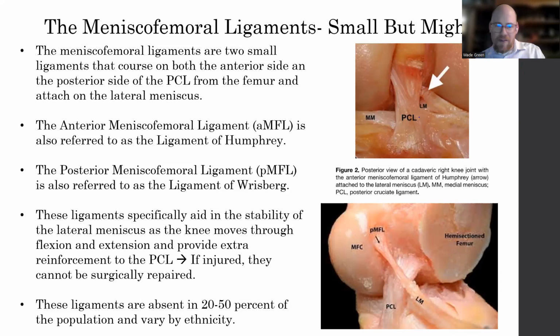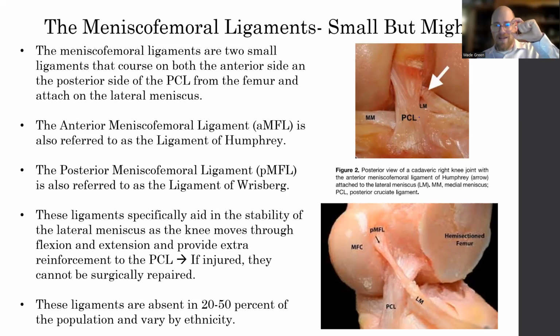Why is that important? Because if you can imagine the knee flexing, the posterior meniscofemoral ligament, or ligament of Risberg, puts a little stress on the posterior horn of the lateral meniscus, closing off the circle as the knee flexes, right?